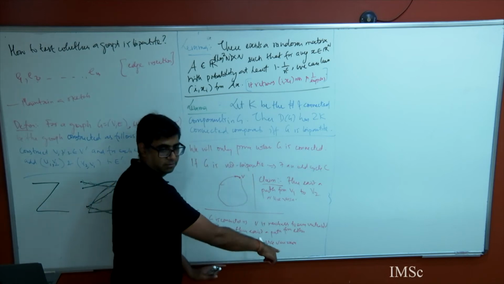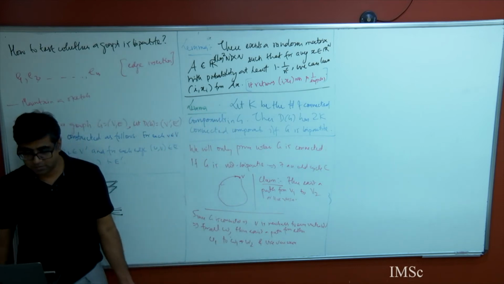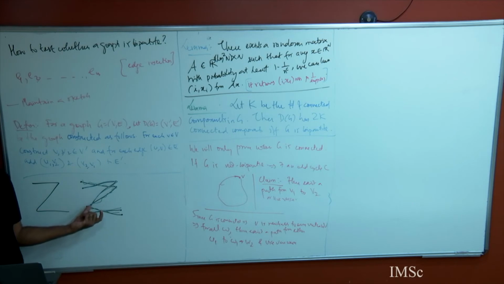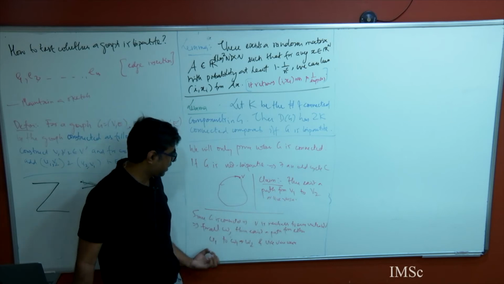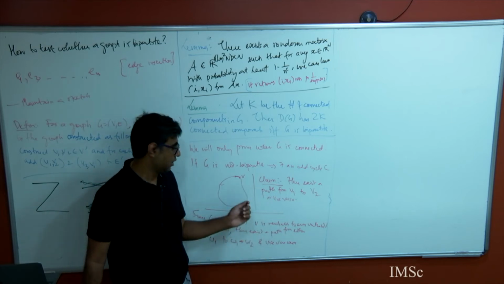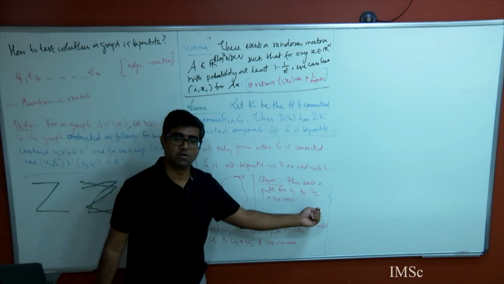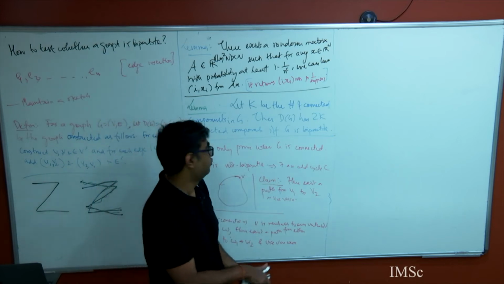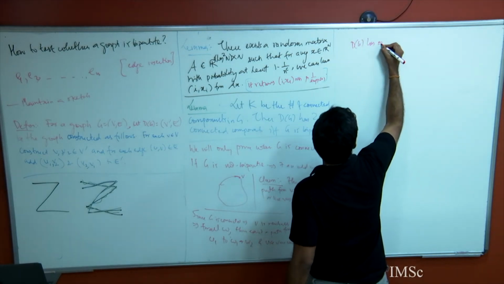Now look at any two paths. Every path is reachable to U1 or U2 because the graph is connected, and U1, U2 is connected, so every path is reachable to V1 or V2. You have two connected components, and because you have an odd cycle, V1 and V2 are reachable. So this implies that if G is non-bipartite, then D of G has only one connected component.